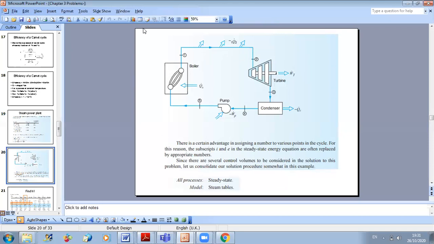In general, we use piping lines that are joining the different components. In general, they are well insulated in a way to not lose heat. Okay, but in this problem, they told us that for the line between the boiler and the turbine, we have some losses.